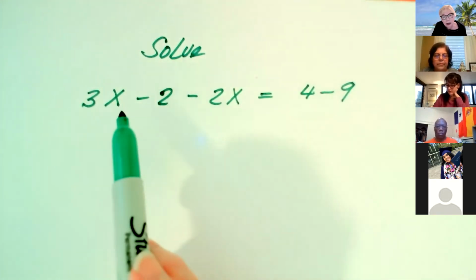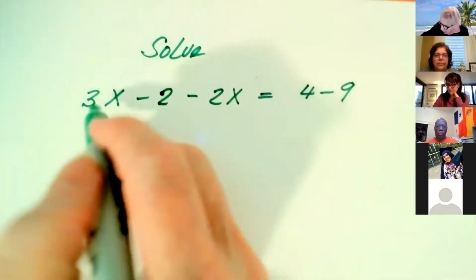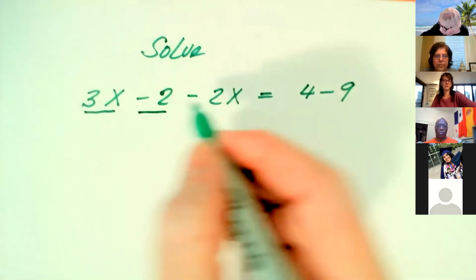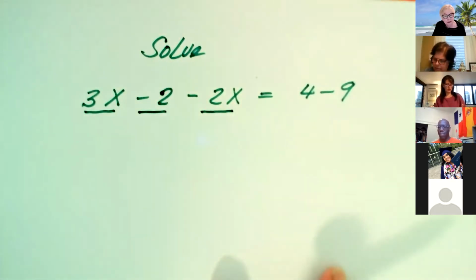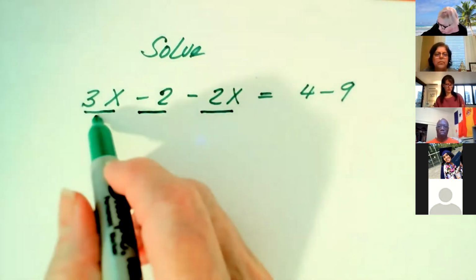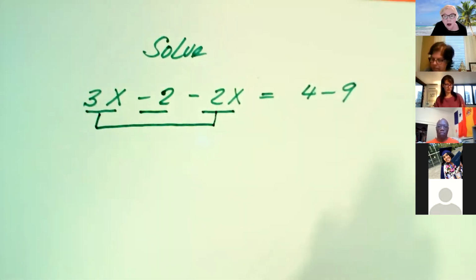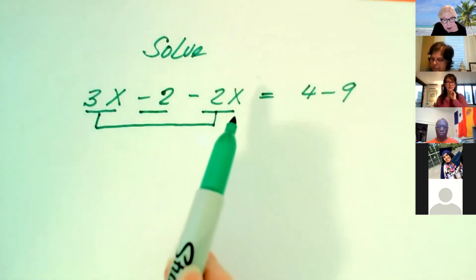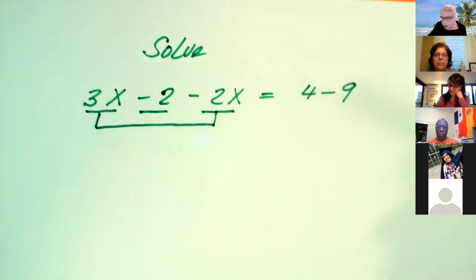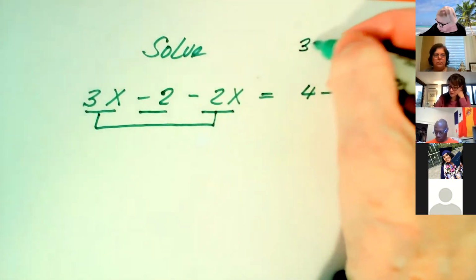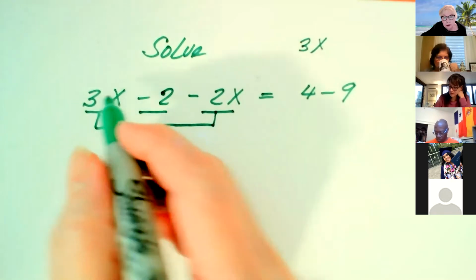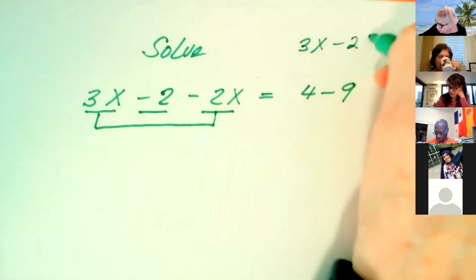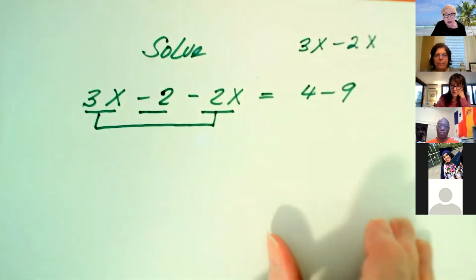On the left side, I'm seeing 1, 2, 3 terms. And 2 of them are like terms. They're both considered x terms, and so they need to be combined. So we have 3x for the first one, subtract 2x.